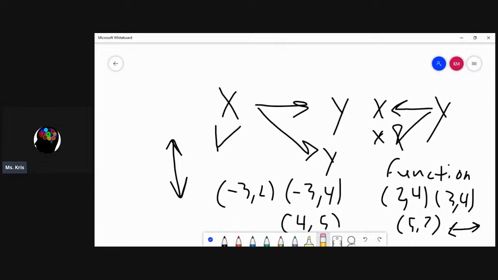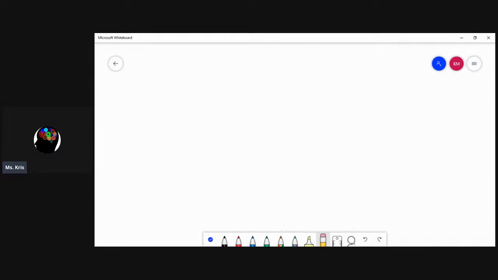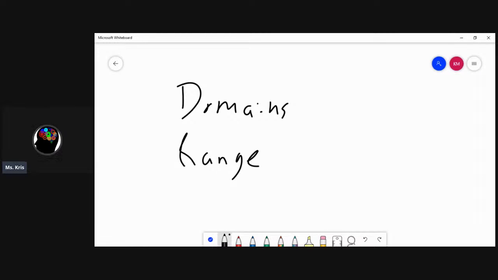Now, in functions, of course, you have domains and ranges. My domains are all my x's on a continuous function.